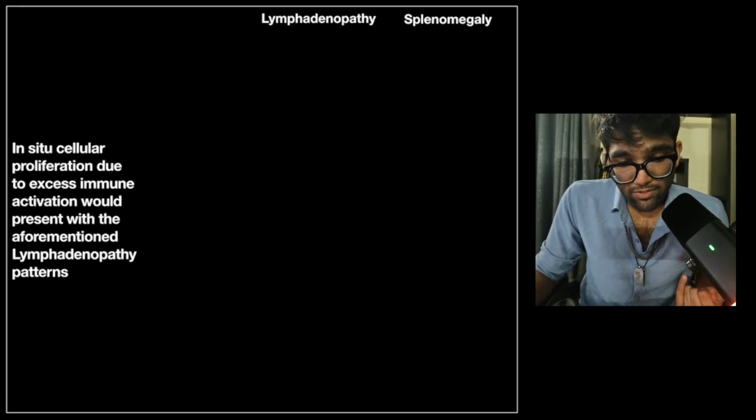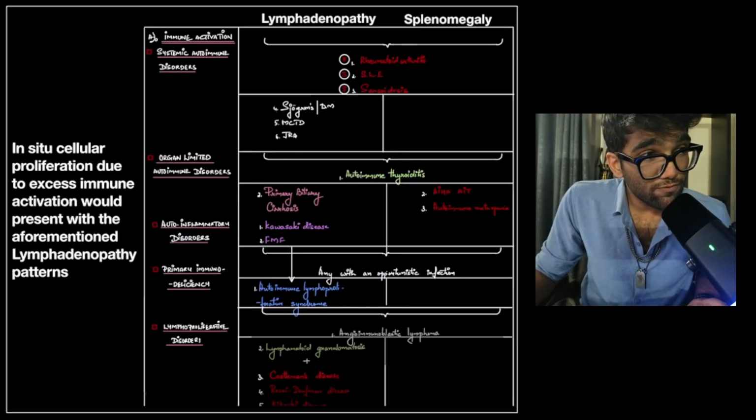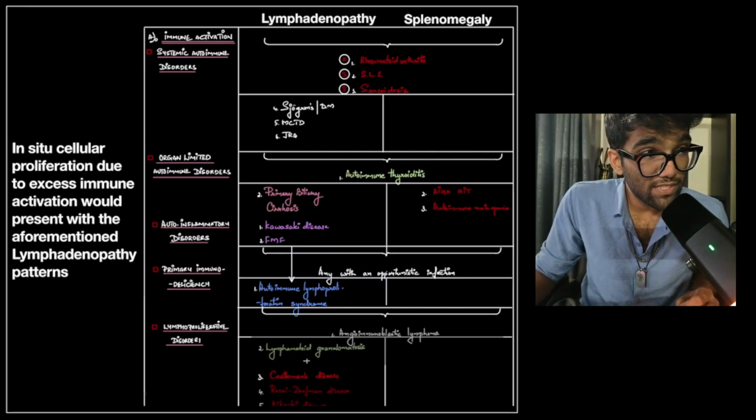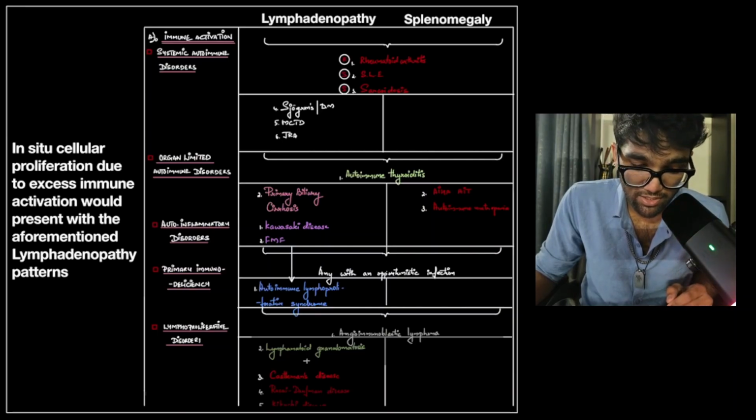Okay. So, now these were the causes of in situ cellular proliferation due to excess immune activation, that we discussed in our first discussion in this series.